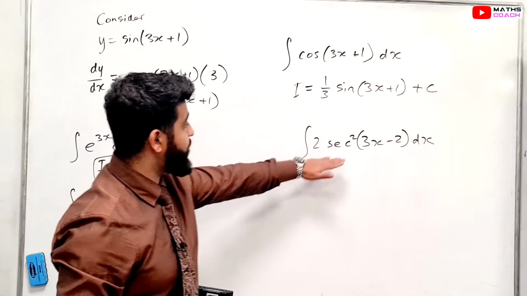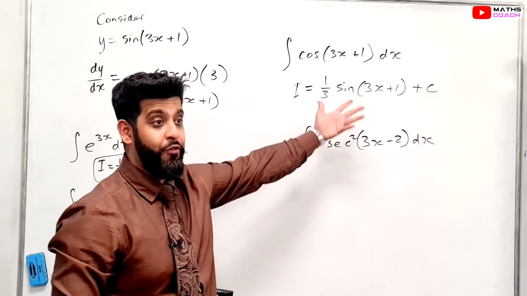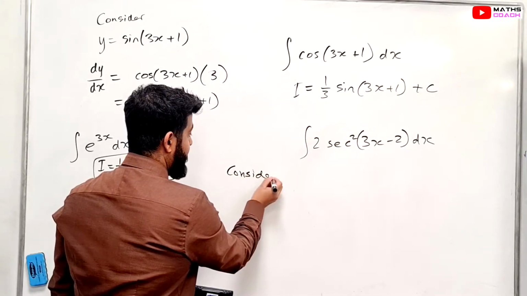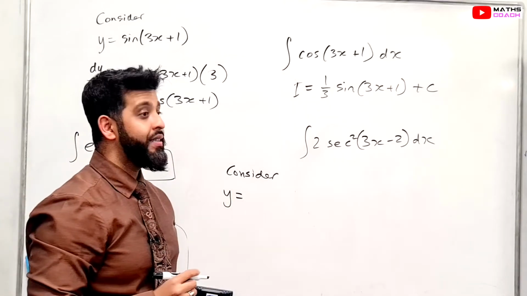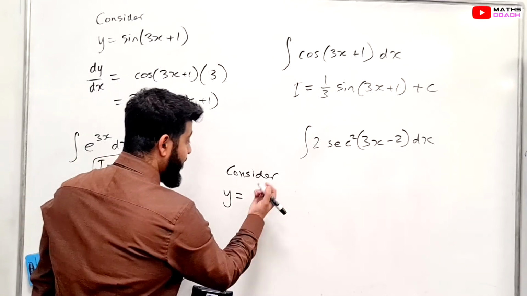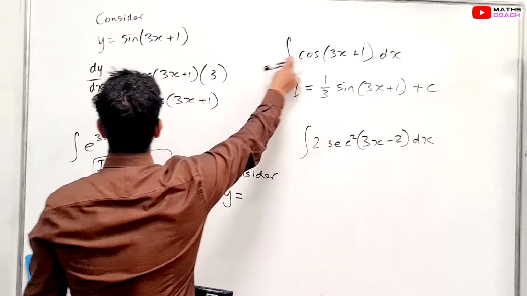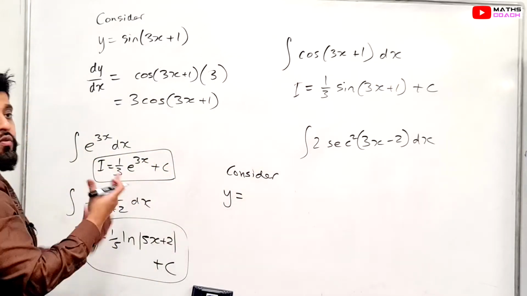So let's have a look at this one. What do we need to ask ourselves? Where does sec come from? What will we consider here? Y is equal to, what does sec squared come from? Tan. If we look at this, this one has a 2 here already, and none of the others had a coefficient there.